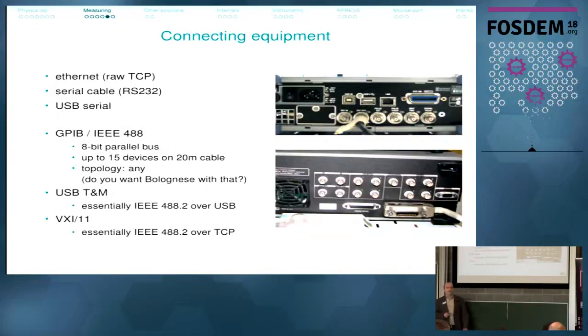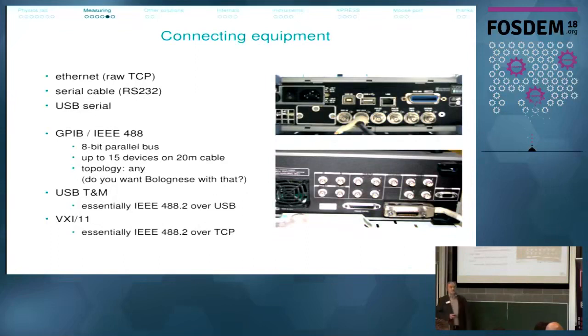It's basically a very fat cable, about a centimeter in diameter, with a fat plug here, a parallel bus, 8-bit. Depending on how old your equipment is, it can be pretty slow or pretty fast. Up to 15 devices on 20 meters of cable. Topology any, so that means you can make a bunch of spaghetti out of it.